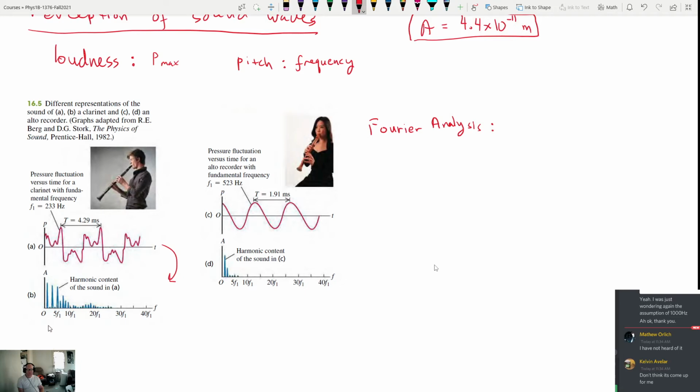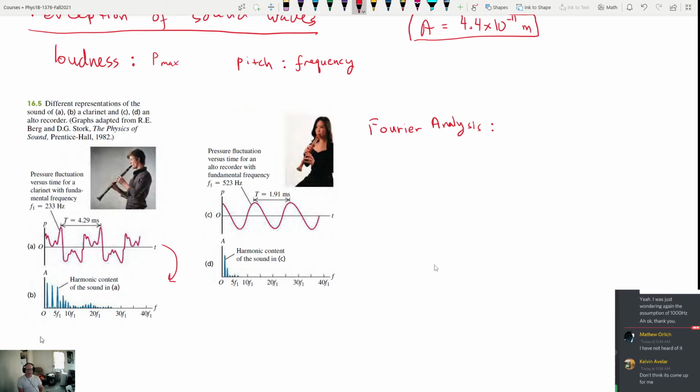And so notice what's being said down here at the bottom. This is now plotting, instead of pressure versus time, amplitude versus frequency. In this case, the loudest sound is going to be the one that has the biggest peak here, the one that stands out to you.